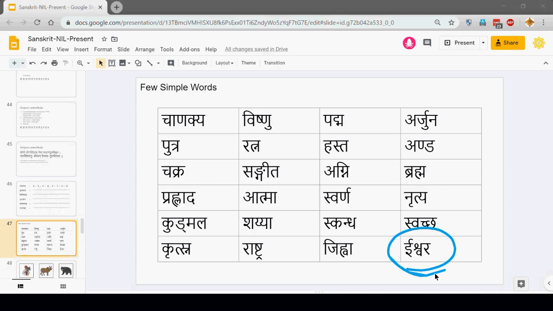And the last one? Ishvara. Yes. Ishvara means one ruler.